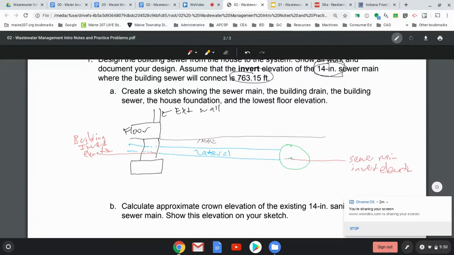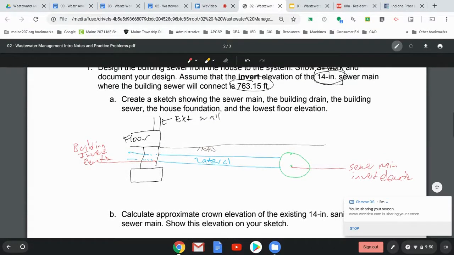If I carry that all the way over carefully. Let's try that again. That right there is my change in elevation. All right.